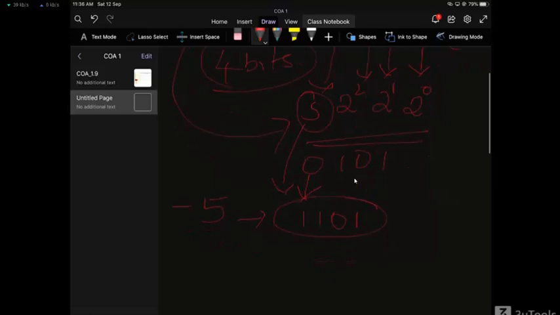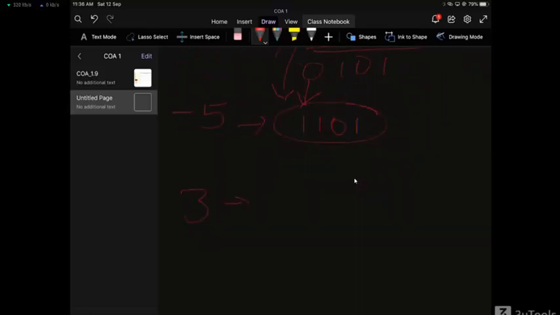Similarly, 3 can be represented as 2 to the power 0, 2 to the power 1, 2 to the power 2, and this is the sign bit. Wherever the power is present, you keep it as 1.